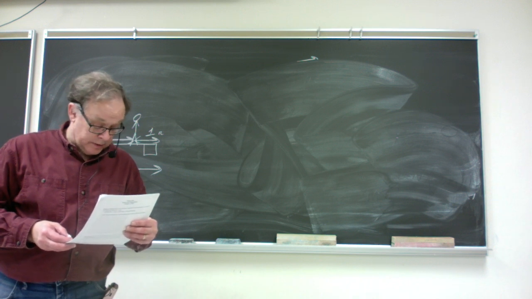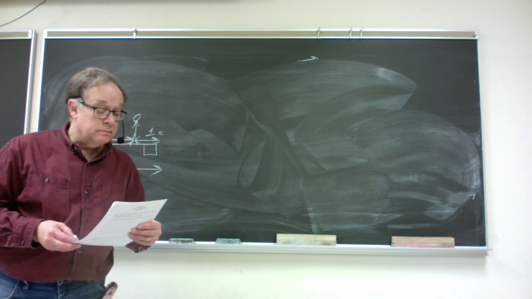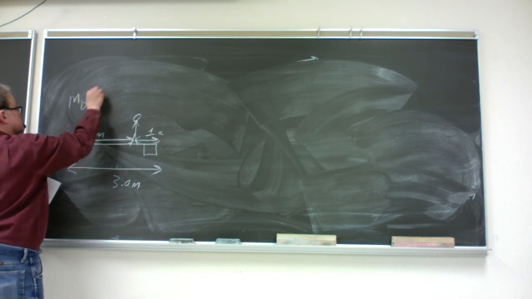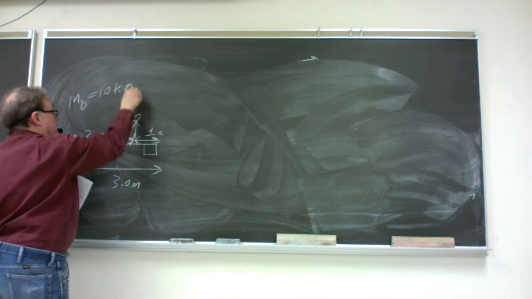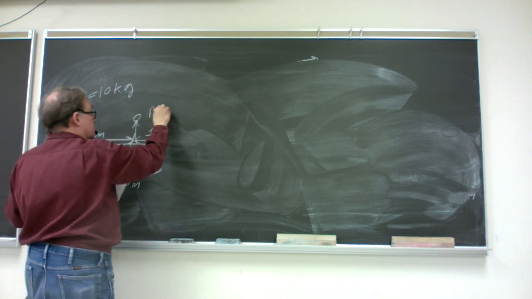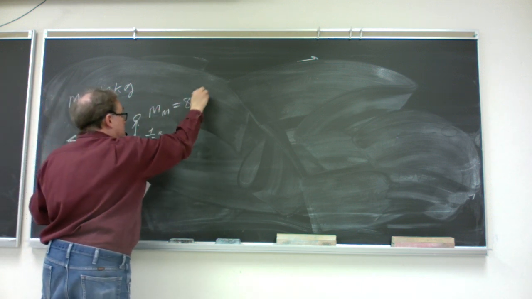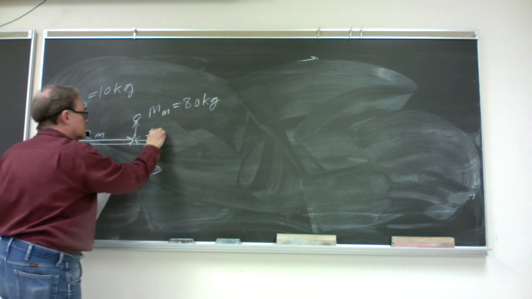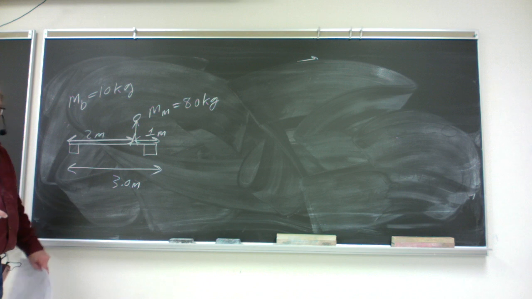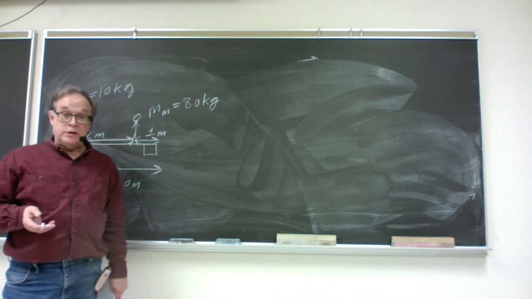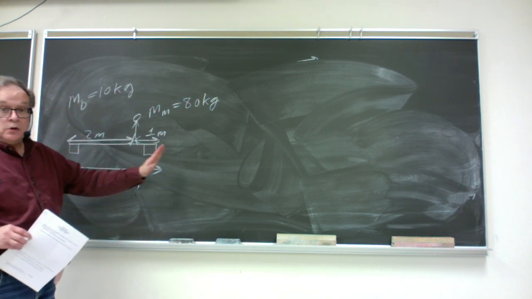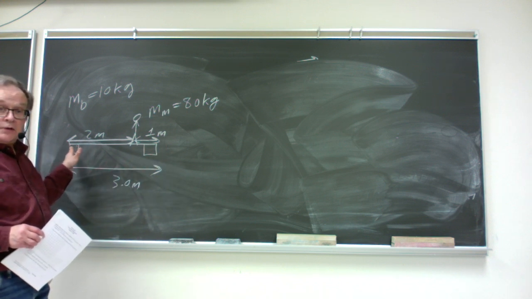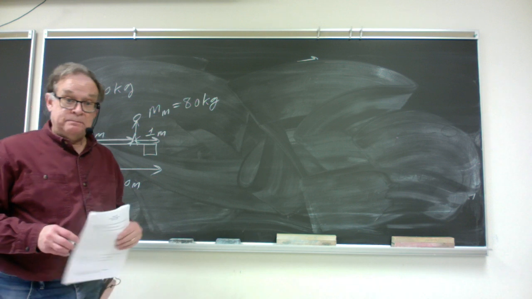Let's say the mass of the board is just 10 kilograms, and my mass is 80 kilograms. And that's all the information you need in order to figure out how strong the support forces are at the left end and the right end.